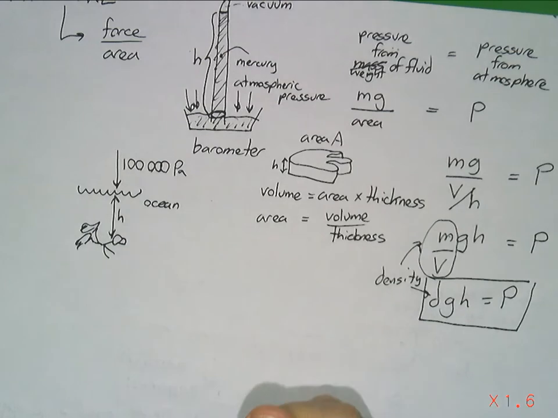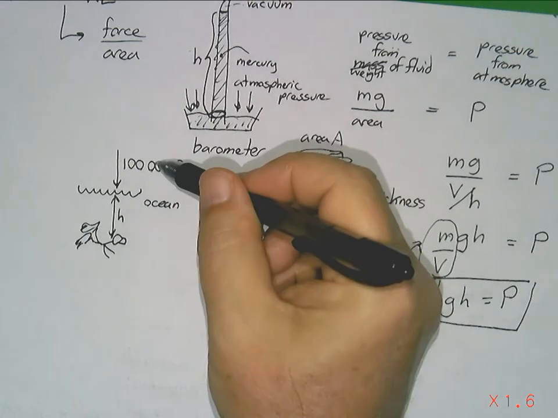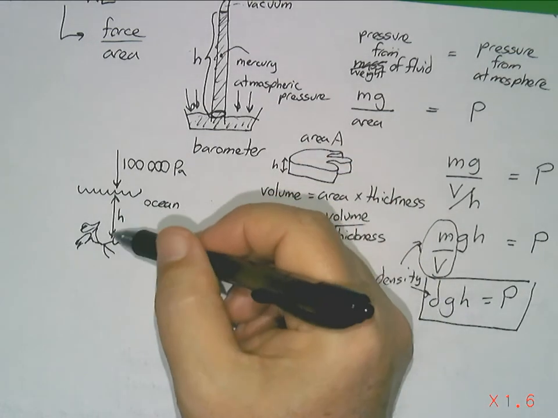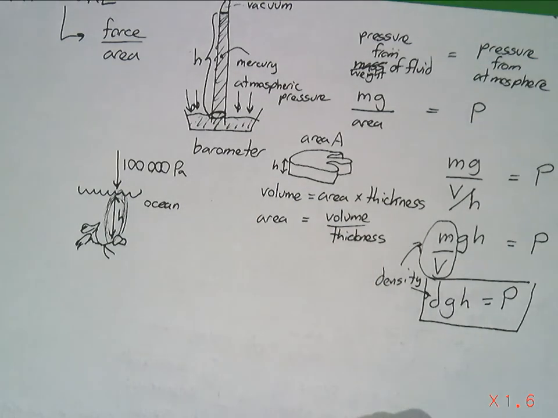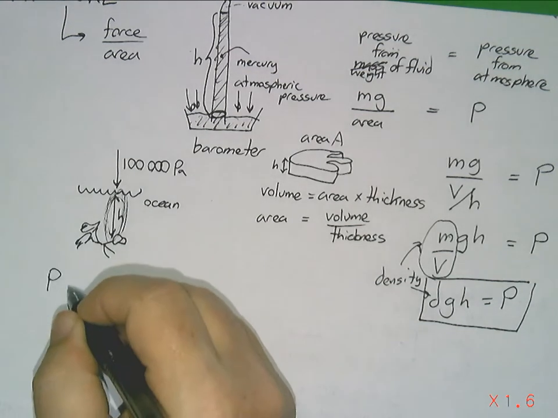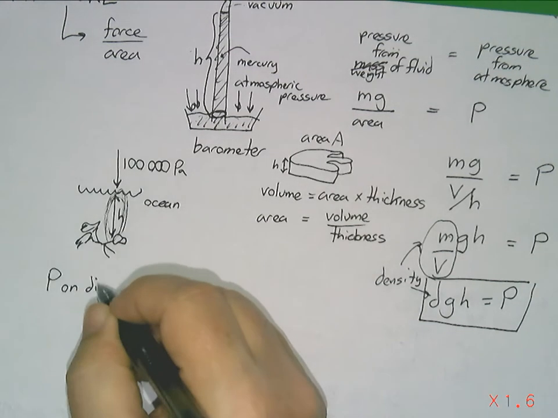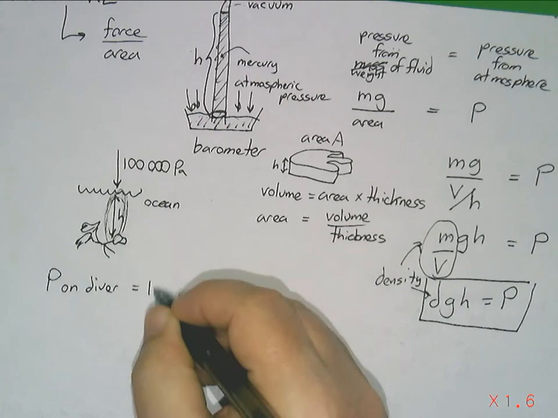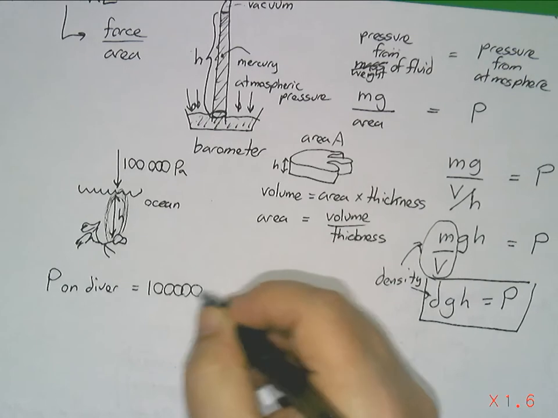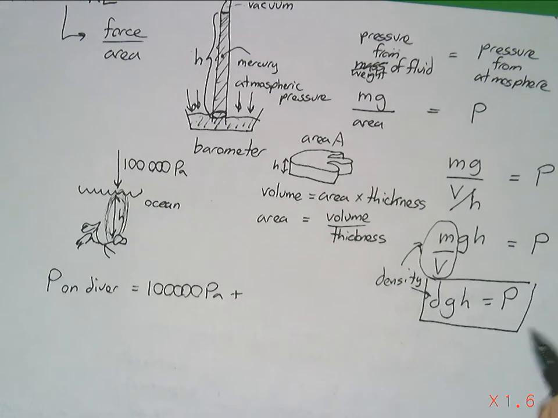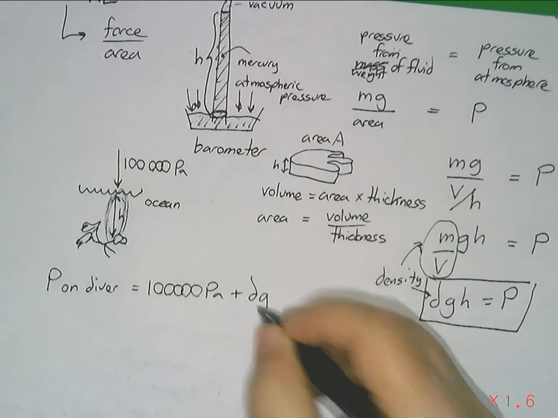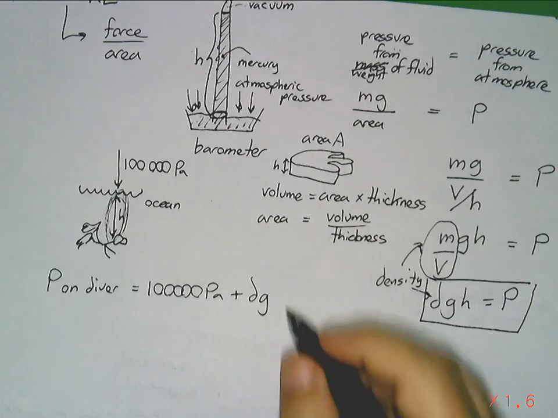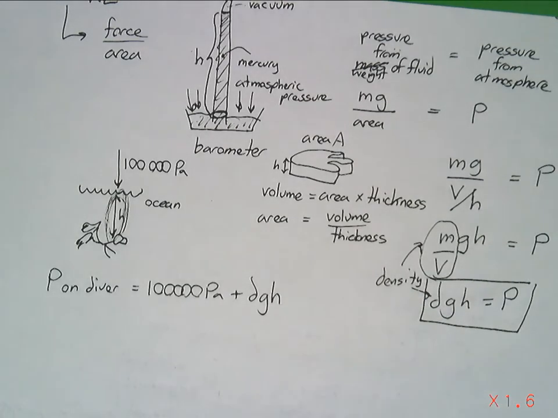The pressure on the diver is going to be equal to the atmospheric pressure plus the pressure of the fluid column that is here. The pressure from the fluid column is going to be density times acceleration due to gravity times height.